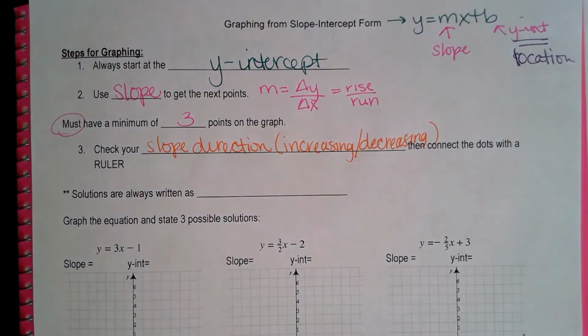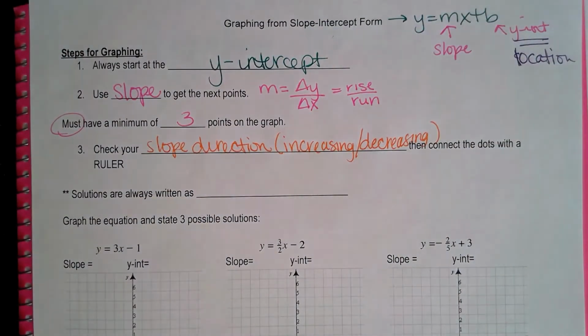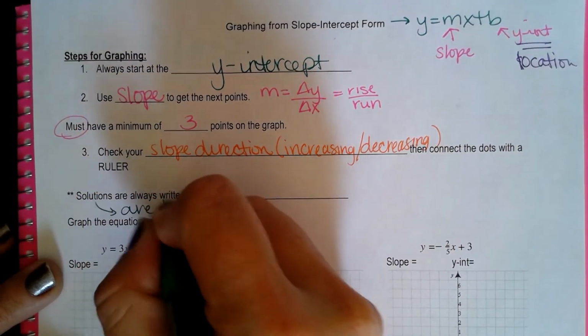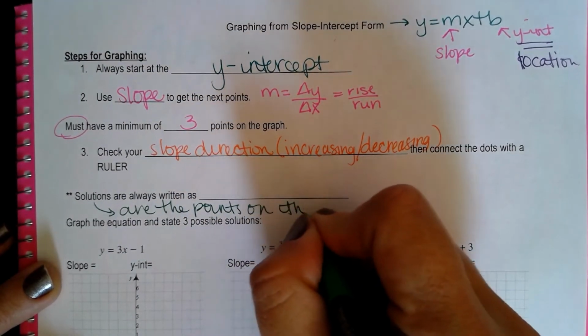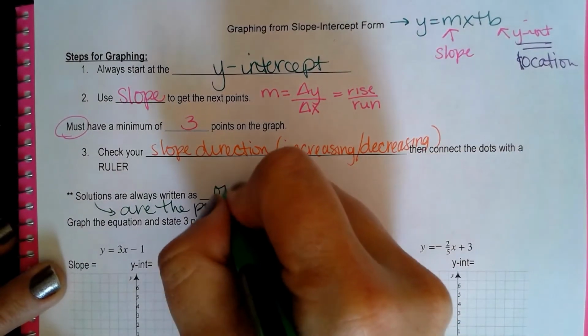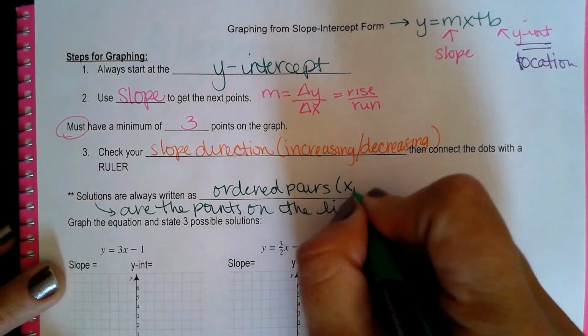Okay, and as long as your dots are following that increasing or decreasing pattern, then you can connect your dots with the ruler. And then remember that solutions are the points on the line, and that they are always written as ordered pairs.